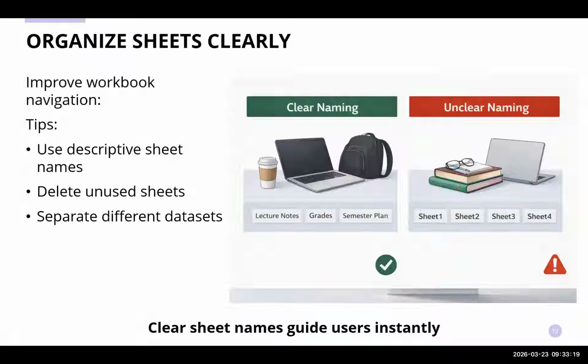Think of each sheet as a separate chapter in a book. The clearer the chapter titles and order are, the easier it is to read and follow. So when you take a moment to organize your sheets clearly, you're making the spreadsheet more accessible, usable, and user-friendly for everyone. Next slide, please.